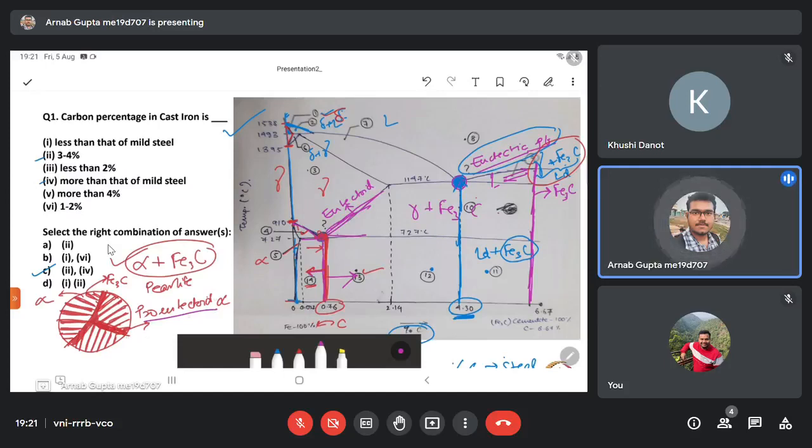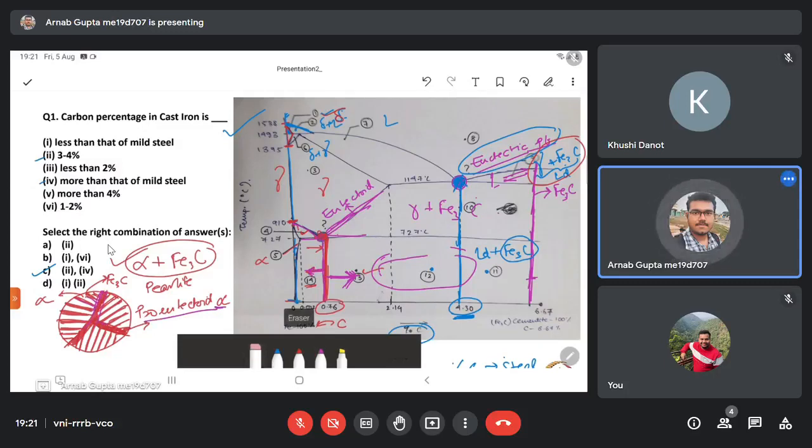Just as we are coming towards alpha phase here, there we are going towards cementite phase. So somewhere here we will get perlite plus cementite. As we are going to this particular region, along with this perlite, we have this pro-eutectoid cementite. Just in place of alpha, we will have pro-eutectoid cementite deposited at the grain boundaries.